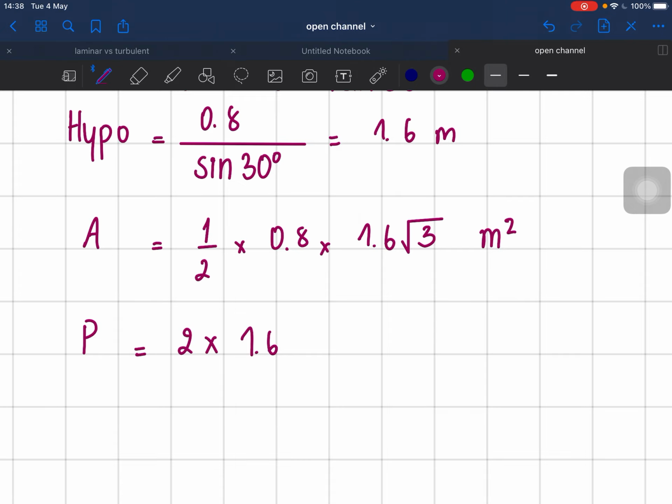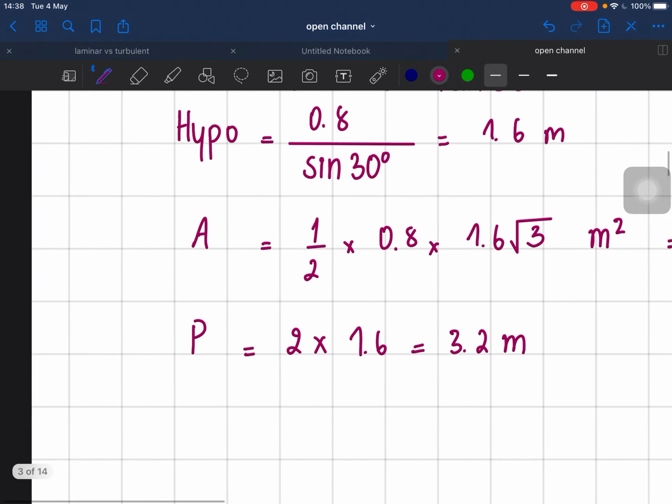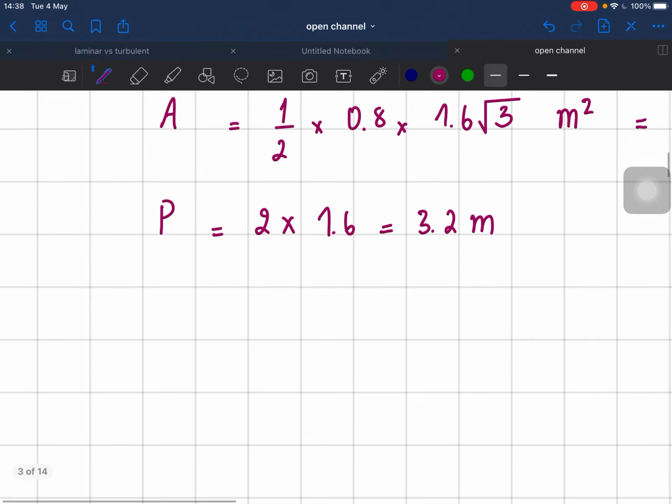Okay, so then A is equal to 1.108 meter square, P is 3.2 meter. So after we find A and P, we can compute the RH, the hydraulic radius.